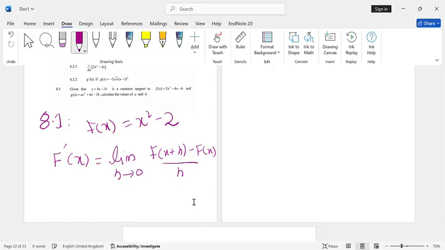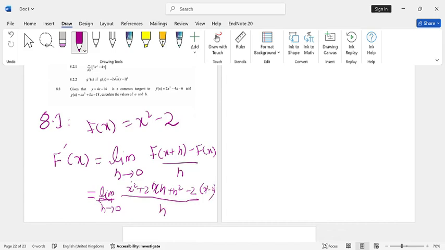We have the limit as h approaches 0, and we have x squared plus 2xh plus h squared minus 2, minus x squared plus 2, over h.